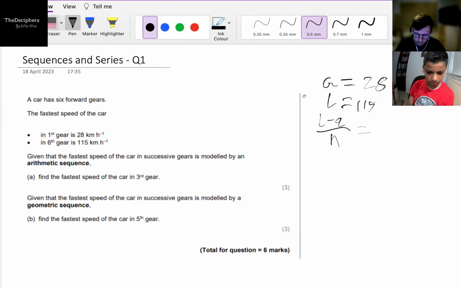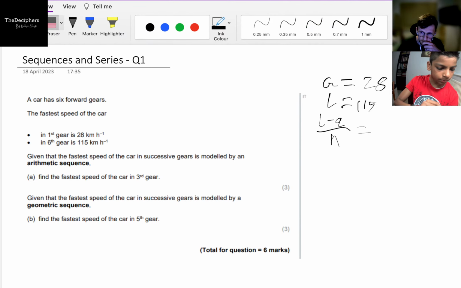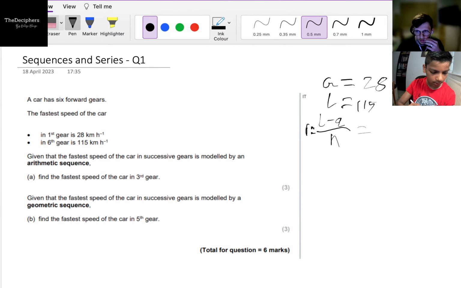Yes. So we have to work out R. That's going to be 115 minus 28 divided by, is it 5 or 6? I think it's 5.